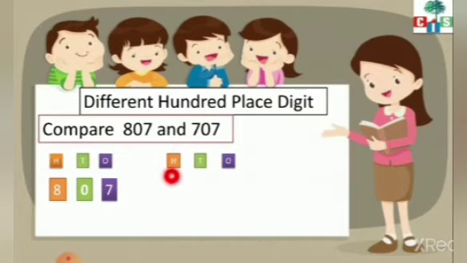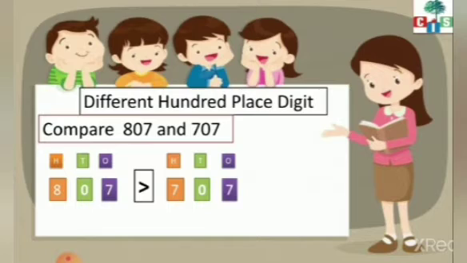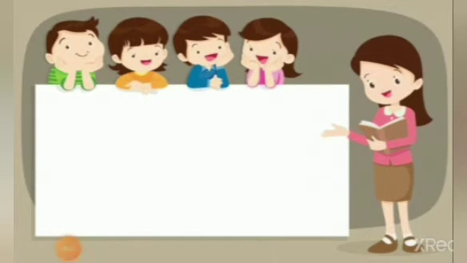So I will write 7 under hundreds column, 0 under tens column, and 7 under ones column. Now look at the hundreds column. When we are comparing, first look at the hundreds column. Here it is 8 and here it is 7. So which number is greater? It's 807. So 807 is greater than 707.